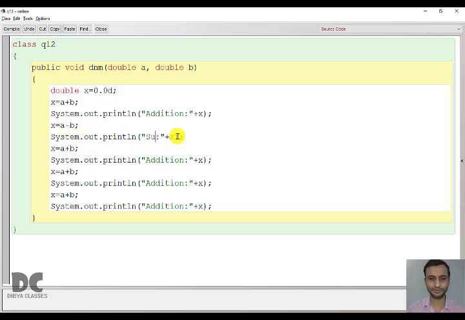Subtraction, then we have multiplication, then we have division, and finally we have modular division.